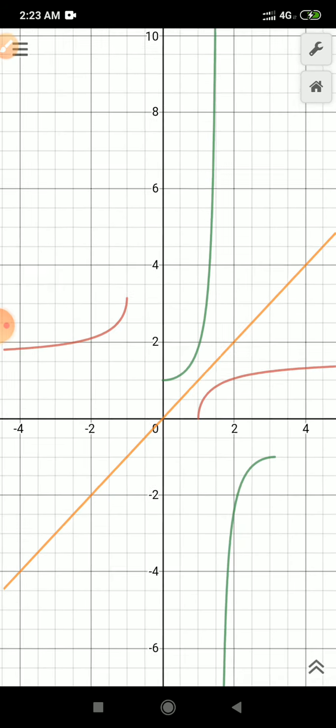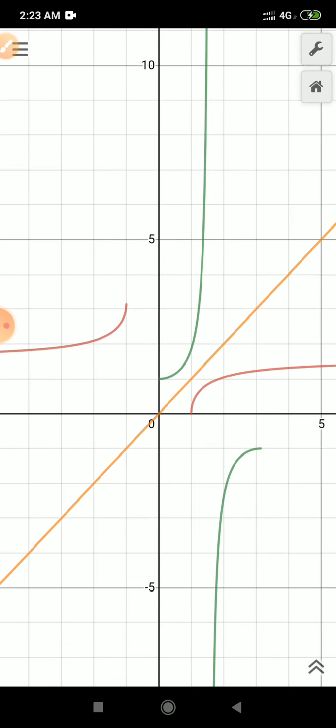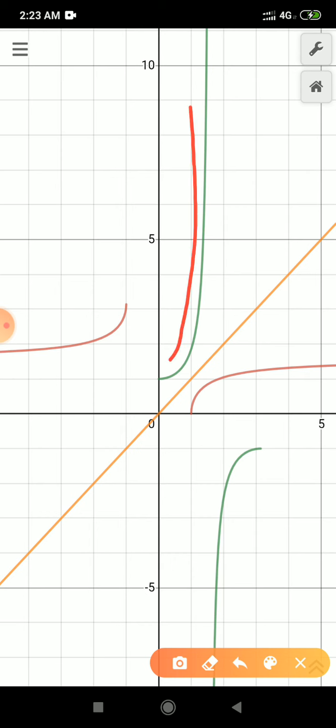Now see clearly, the red graph is the reflection of the green one, because this part is going here and this green part is going here.